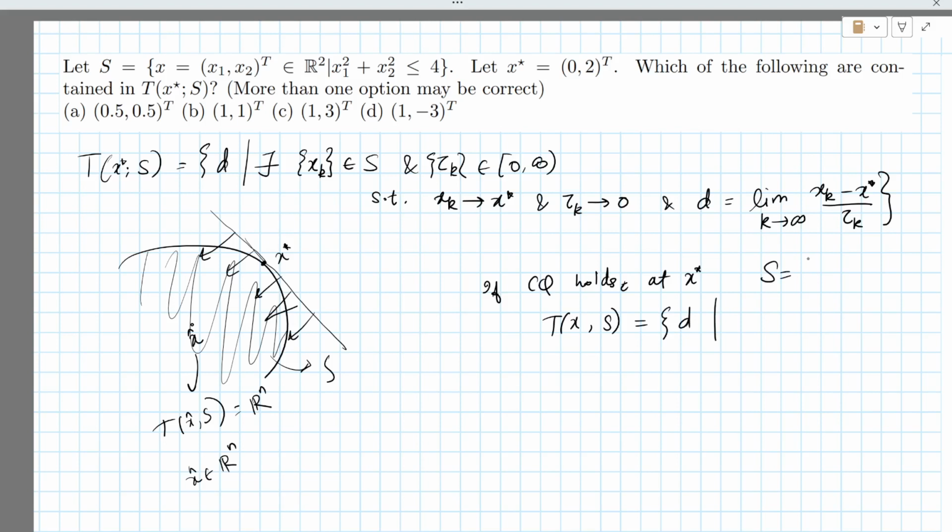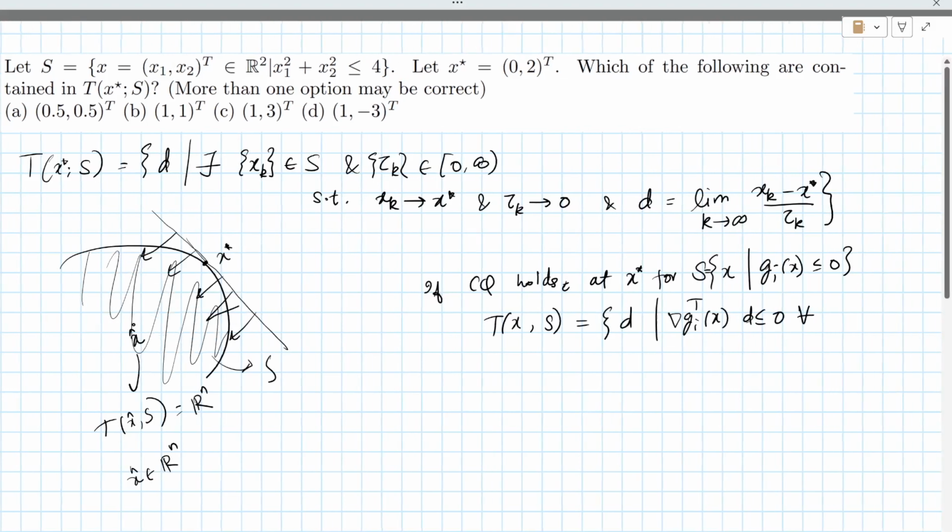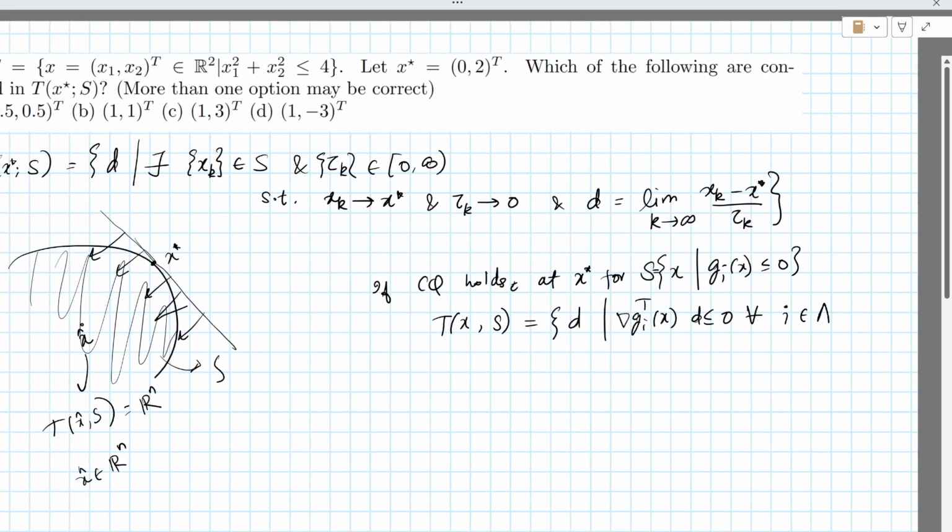Like if your S is g_i(x) equal to 0, given the constraint qualification holds at x star for this S, then for all i in the active set, like this.